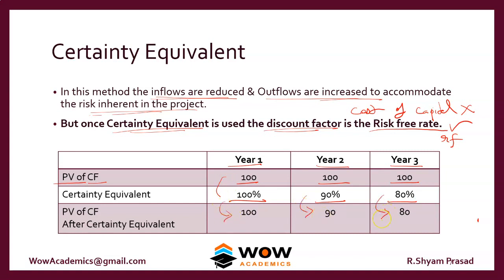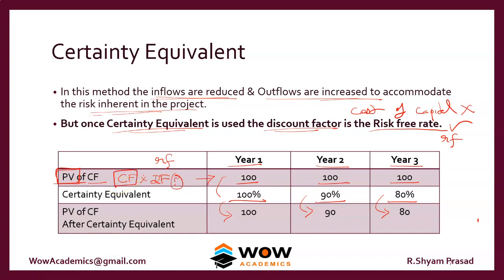But if you look here, the numbers of 100, we have taken them as present value of cash flow. So it means there has been a cash flow and it has been multiplied by a discount factor. The question is, what has been the discount factor? The discount factor is the RF, or the risk-free rate of return.